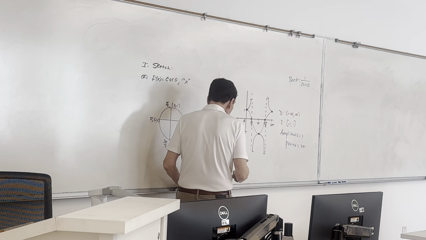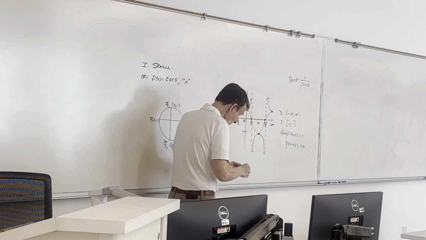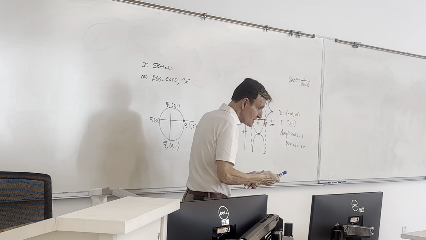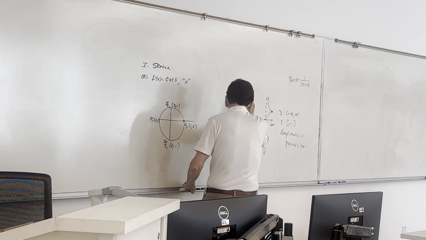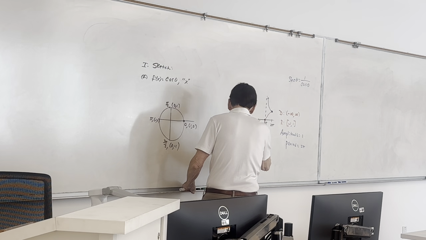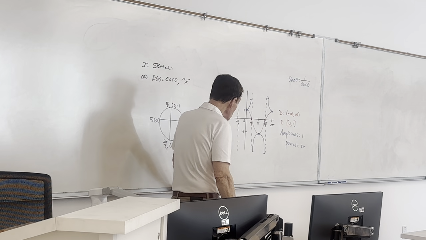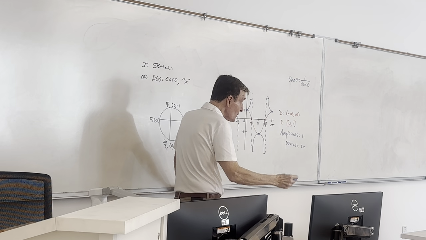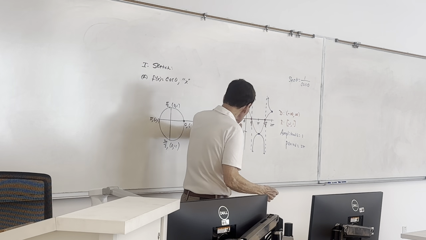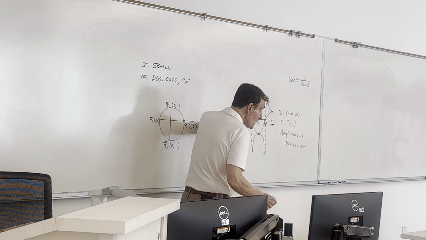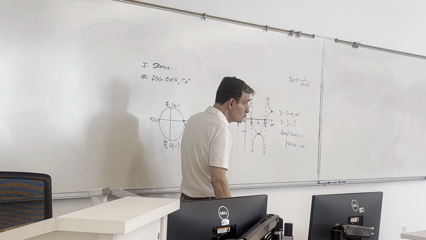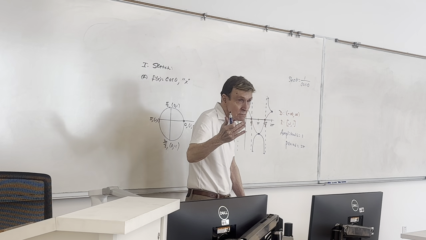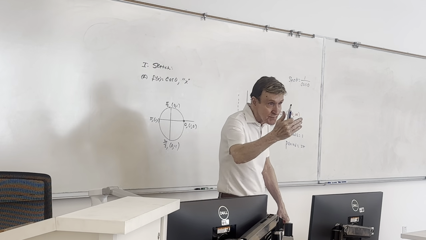Anyone tell me, what do you think's happening at negative pi over two? I heard there's another asymptote here. And what do you think might happen over there? I don't have the graph in this little section yet. Where do you think the graph is? Where's the little piece on the left?